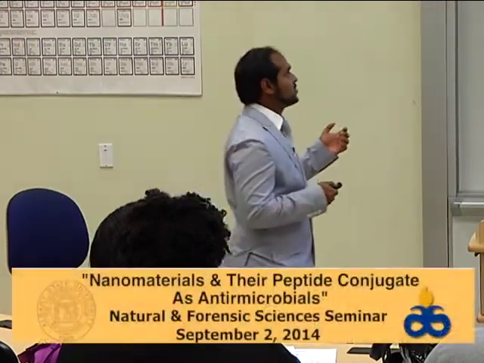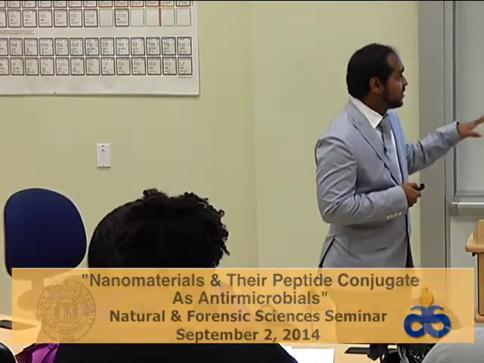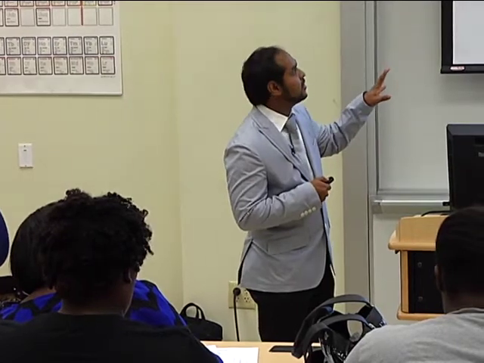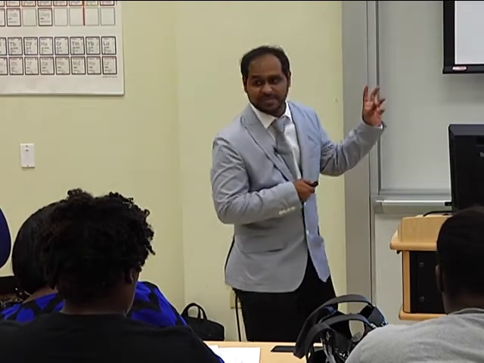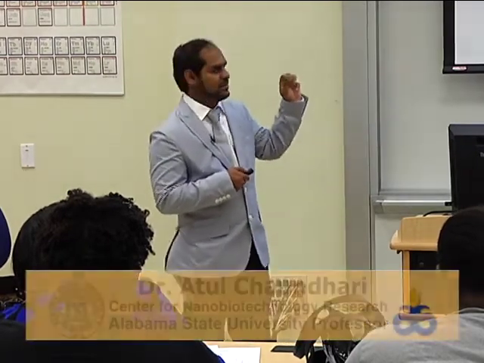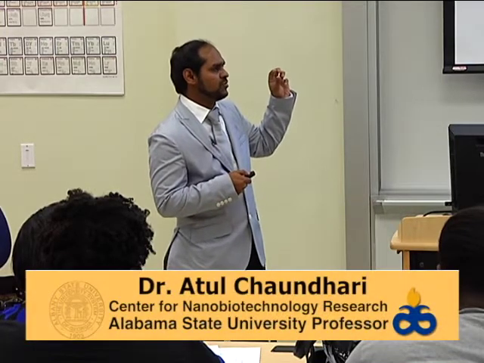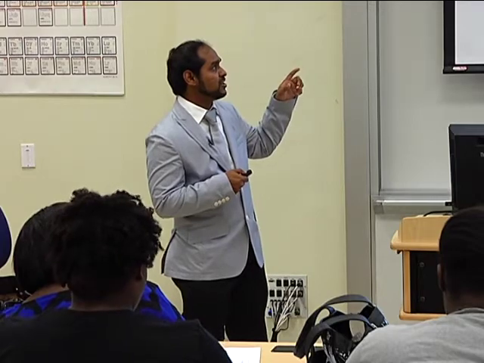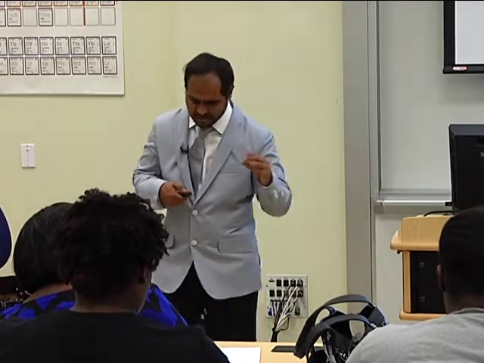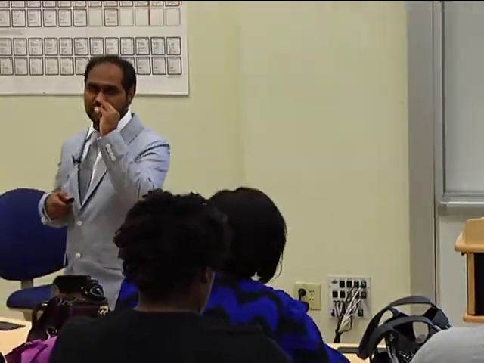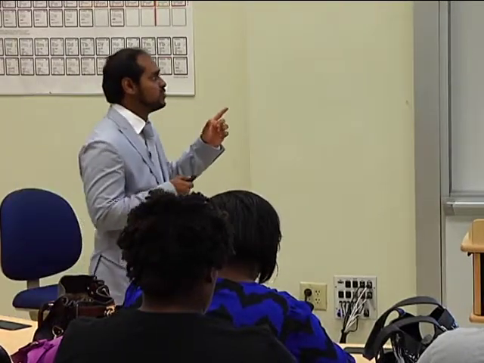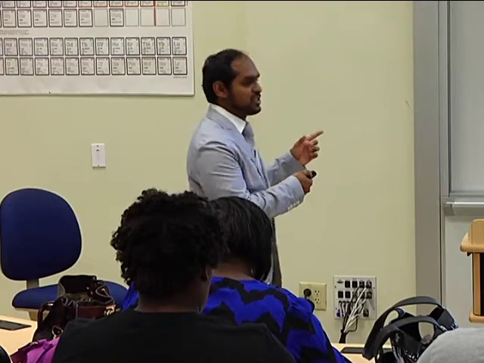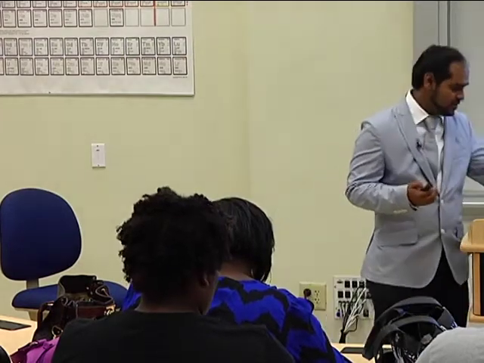So this was a confirmation that the functionalization has happened, since there was an increase in size. Of course, the size is just a rough estimate because this determines the hydrodynamic diameter, which is not true for CNTs because they are cylindrical in shape. So these values tend to differ, but the shift in charge clearly indicated the functionalization occurred.